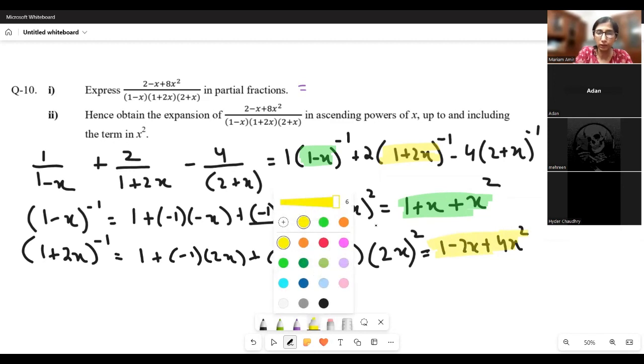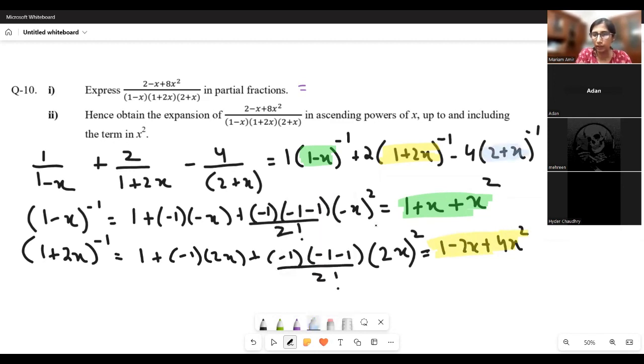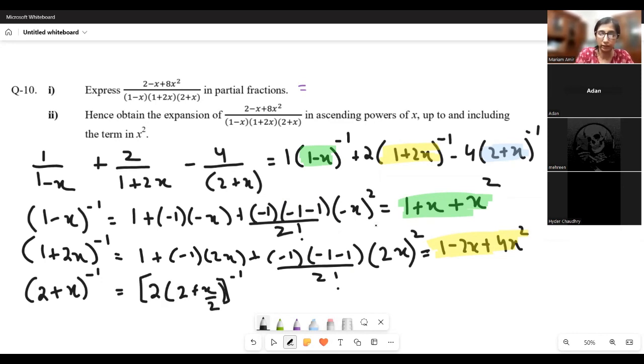And the third one has a 2 as the first term, so that has to be fixed first. So it's 2 plus x power minus 1. We are going to place minus 1 outside the bigger bracket, take 2 common inside, so we get 2 plus x upon 2 in the inner bracket.